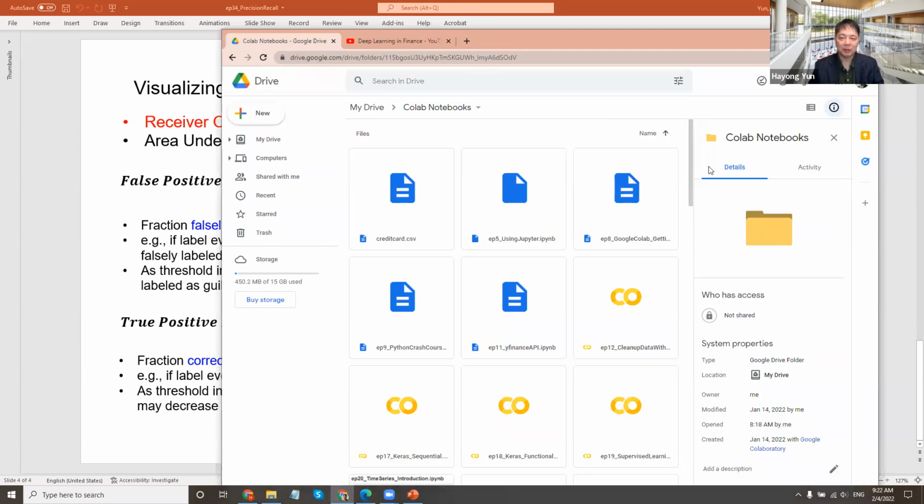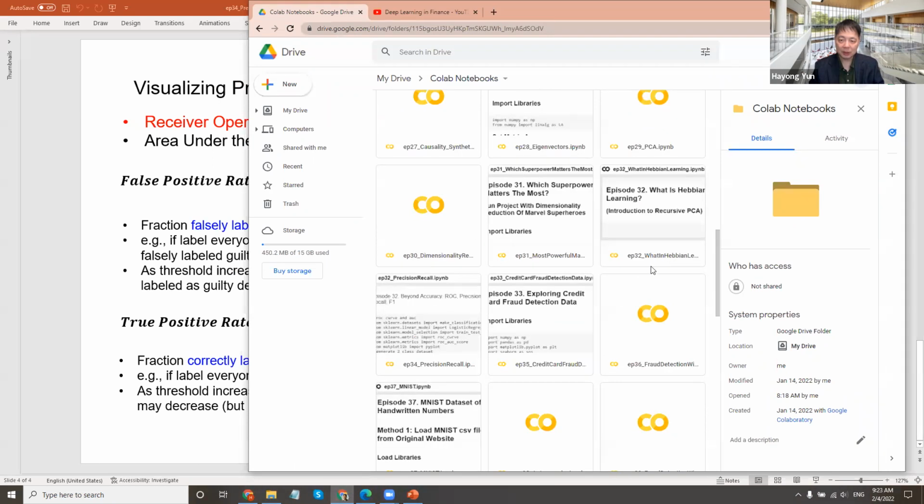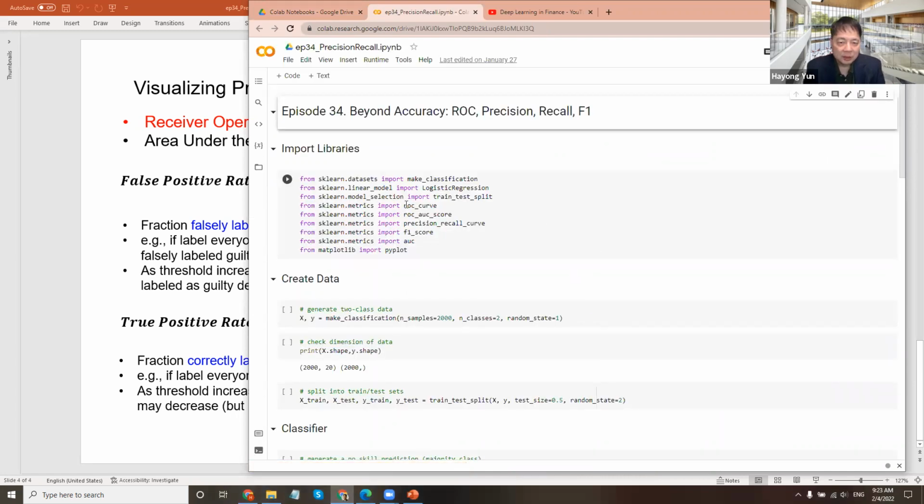Okay. So let's go to Google Colab. So here we import some libraries, and scikit-learn is mainly what we rely on.